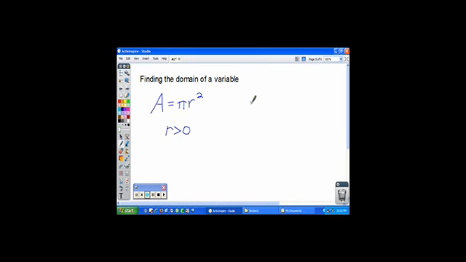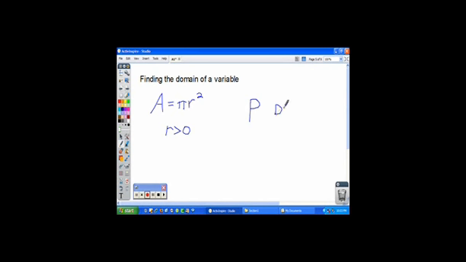Or let's say you're solving a story problem and your variable is p, and you want to know how many people can go on a trip, and the answer is going to be p. Well, I think you would agree with me that the domain of p is going to be positive integers.